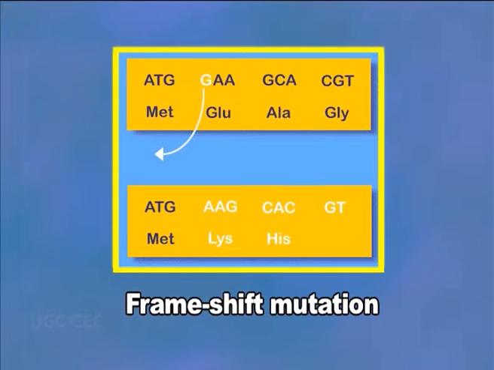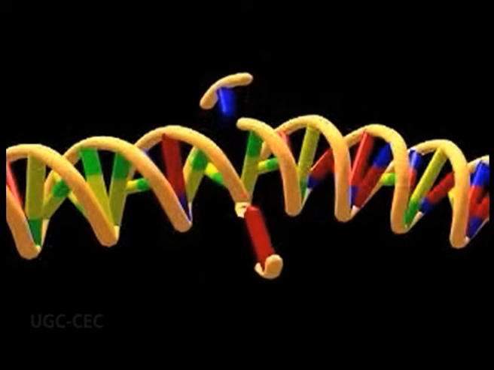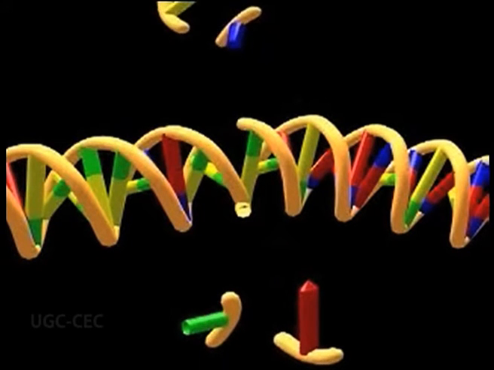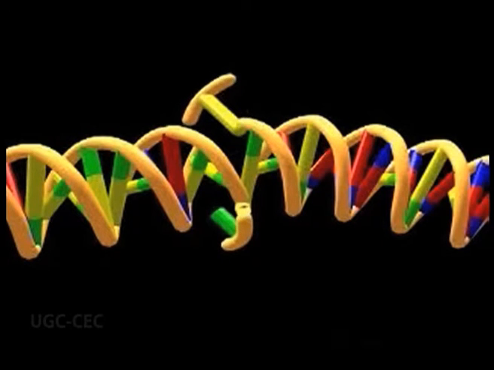Such mutations in which the entire reading of the genetic message is altered beyond the point of change are known as frame shift mutations. These result in the formation of a completely altered polypeptide chain. Gene mutations may also be caused by the substitution of one or more nitrogenous bases in a polynucleotide chain of DNA by some other one.